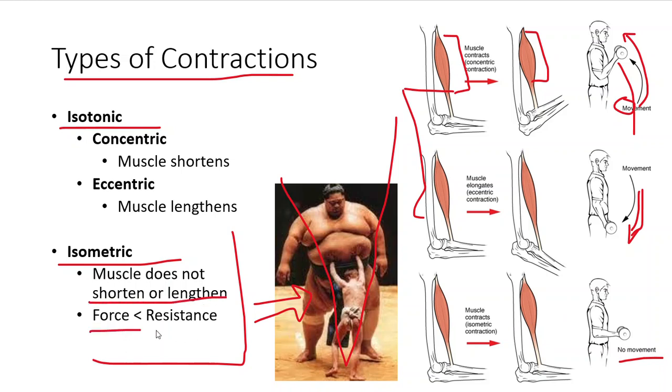The amount of force is less than what is needed to move things. So this is the concentric, when we shorten a muscle. The eccentric is when we lengthen it in a controlled manner. Isometric, no movement at all.